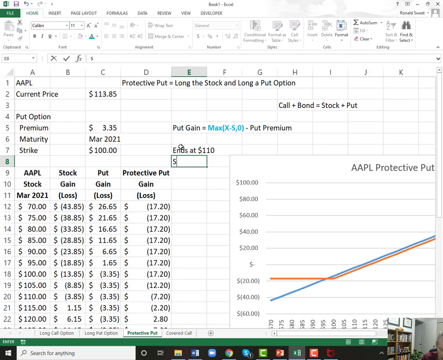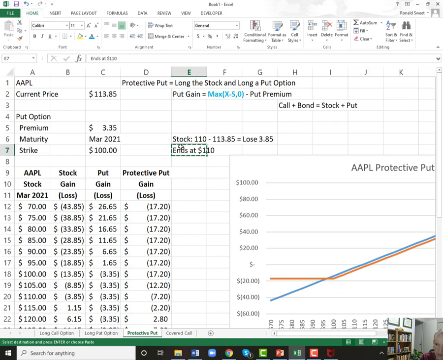On the stock, you're going to make 110 minus your purchase price, 113.85, so you're going to lose 3.85. So there's part of your transaction. If you just bought the stock, you would have lost $3.85.